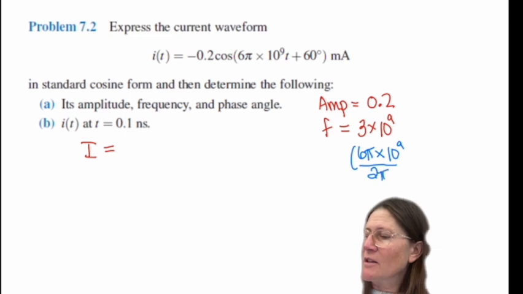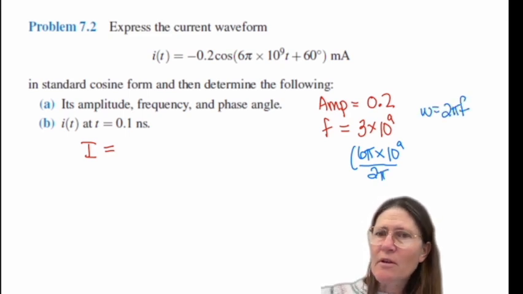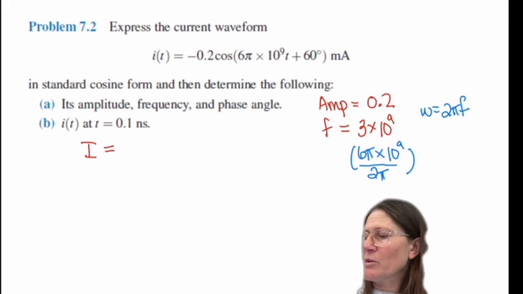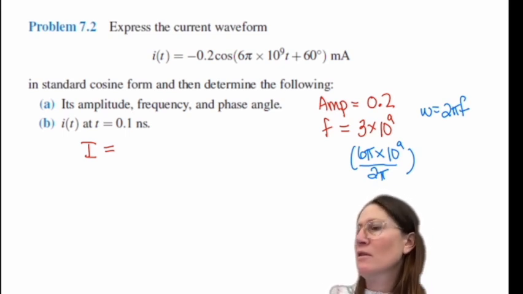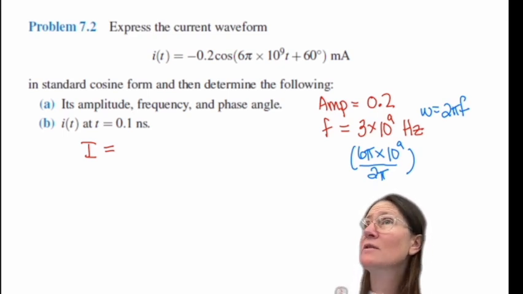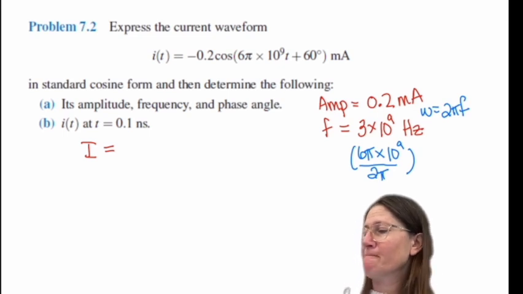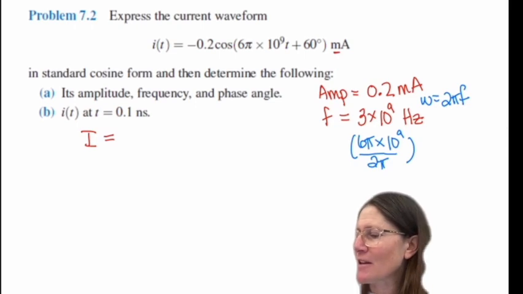Correct. So remember, omega is 2 pi f. So that becomes 3 times 10 to the 9th. And this is what units? Correct, hertz. And the 0.2 is units? Milliamps. So don't forget the milli, that makes a difference. And phase.